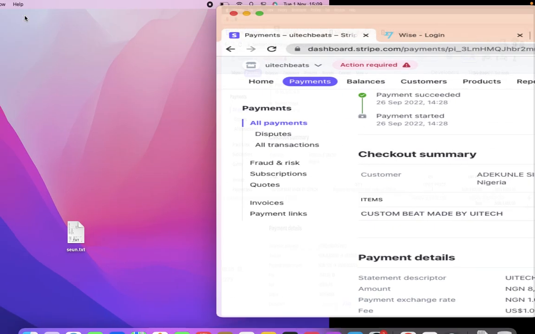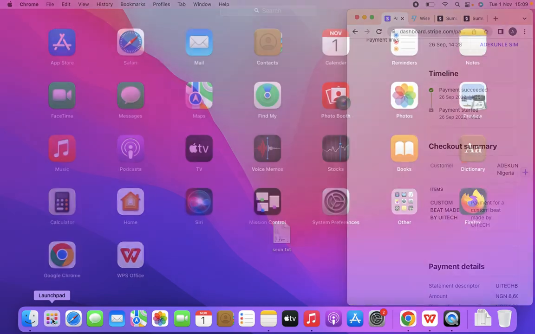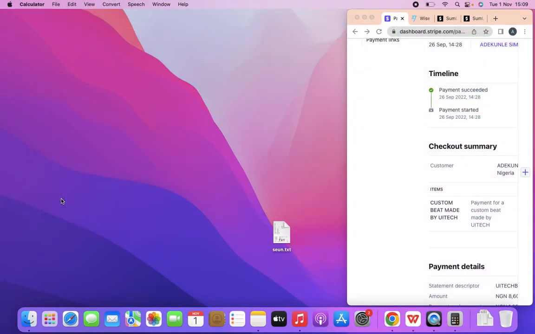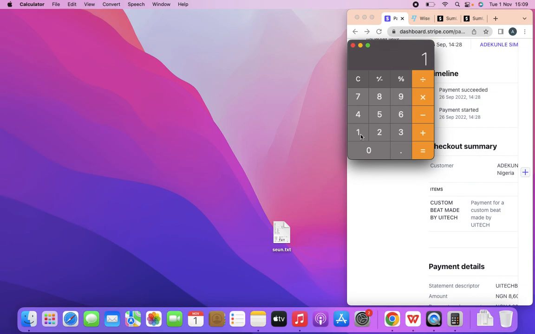Today is the 1st of November, and the dollar is around 820 today. That's about 15,161 naira minus 8,660. So on one card, there's a profit of 6,501 naira.